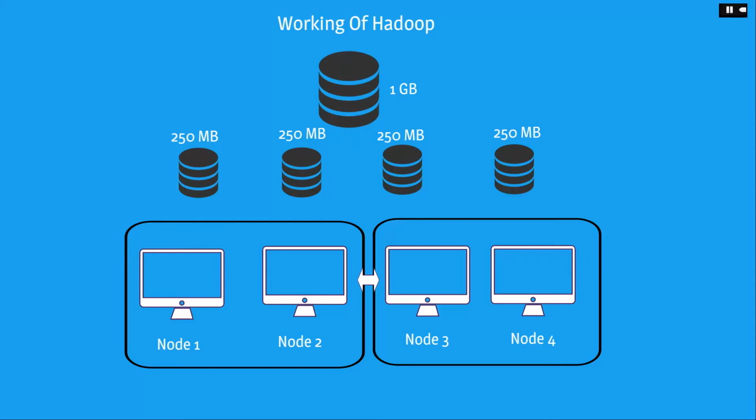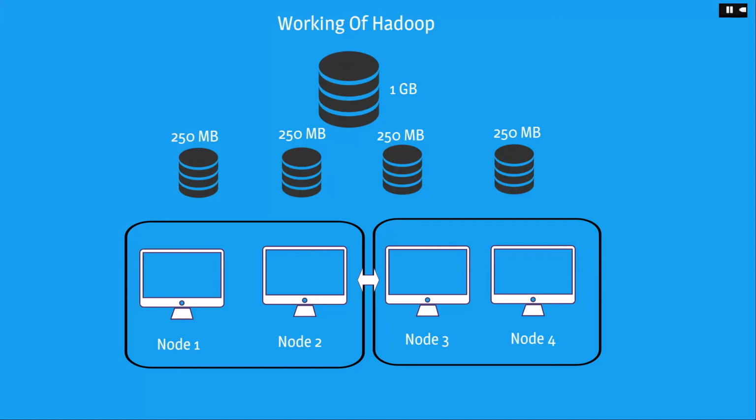In order to provide high availability, Hadoop replicates each part of the data onto other machines that are present within the cluster. The number of copies that it will replicate depends on the replication factor. By default, the replication factor of Hadoop is set to 3. That means 3 copies of the data are found on the cluster at different locations.